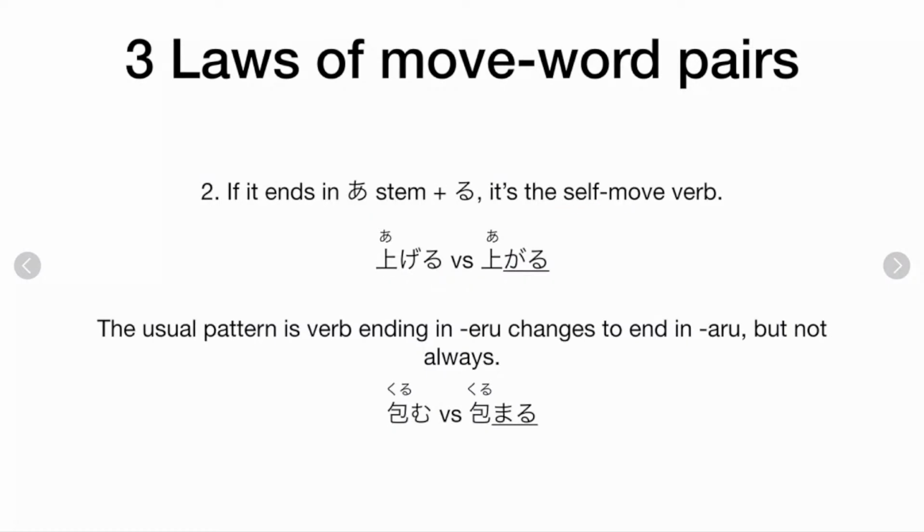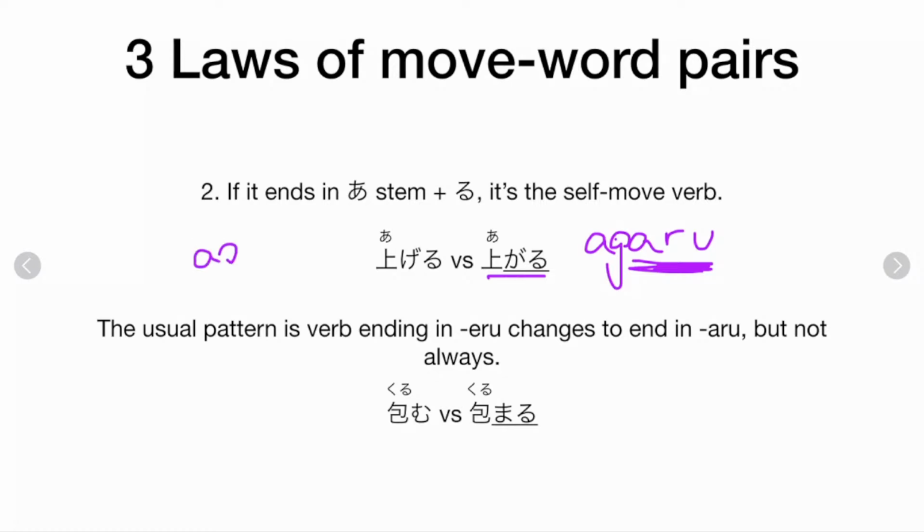Here's your second rule. If it ends in a plus ru, so you think about writing the word in Romaji, right? So let's look at agaru. Agaru. This aru, right? If you see this aru at the end, it's self move. And then if you wanted to change the self move to the other move form, then you just change the aru to eru.